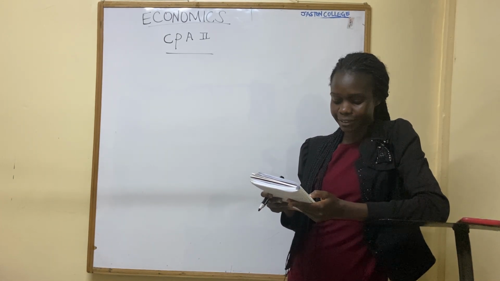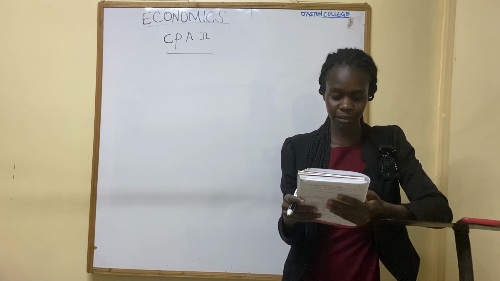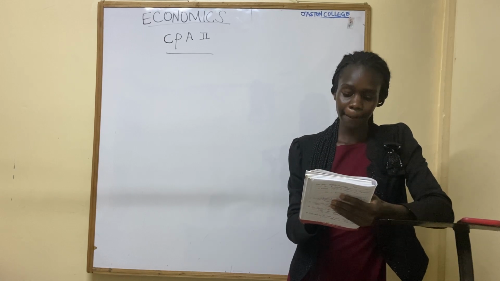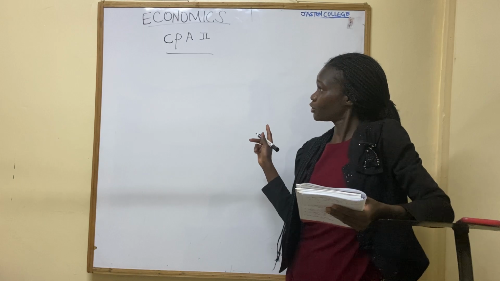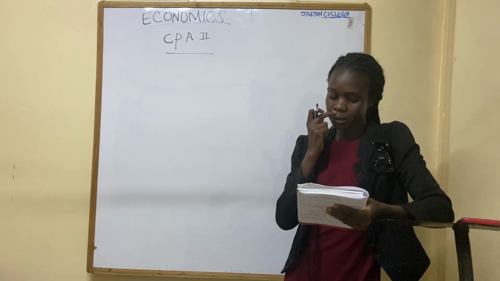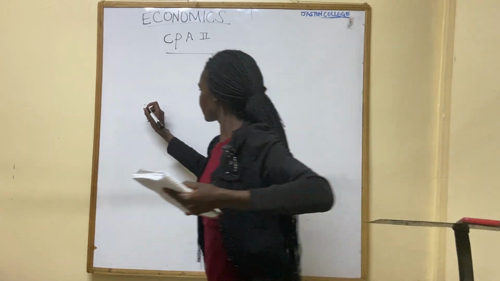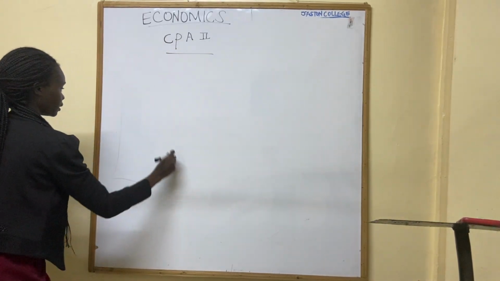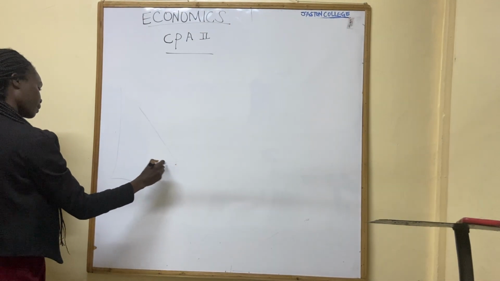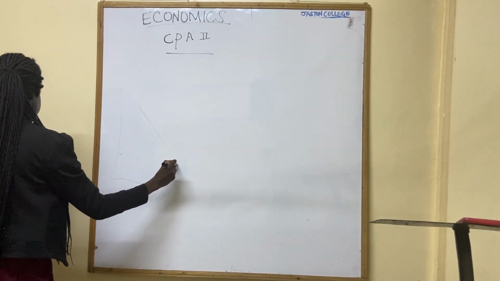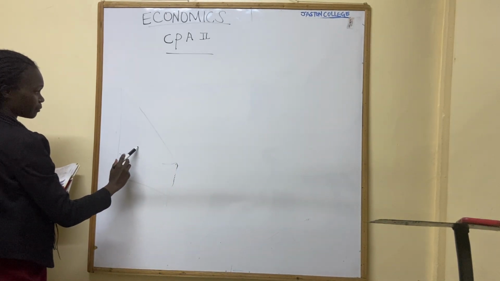The third one is income inelasticity. This is whereby demand rises by a smaller proportion than income.